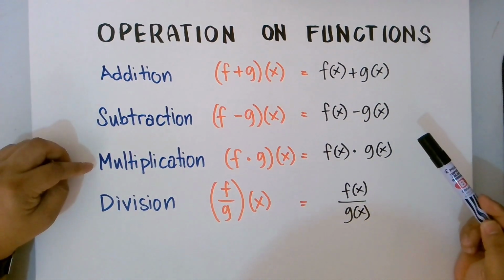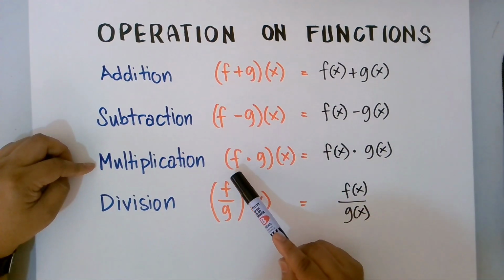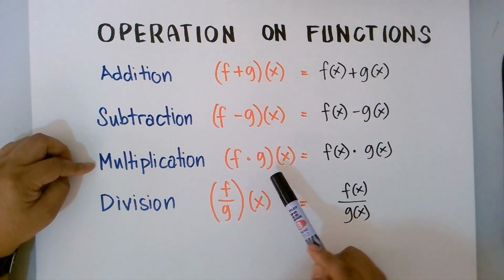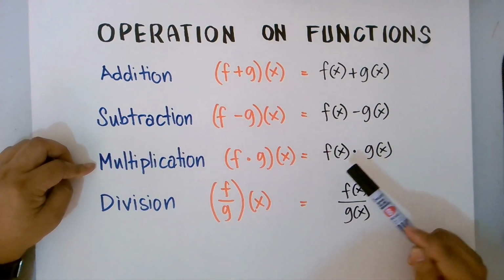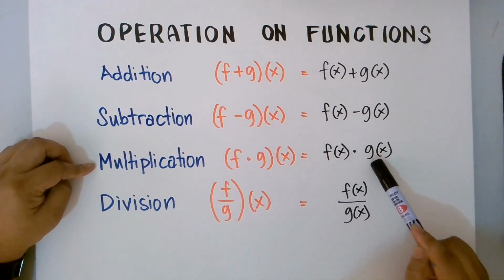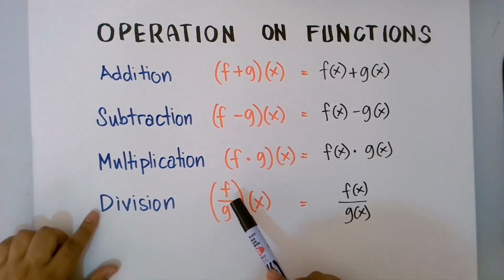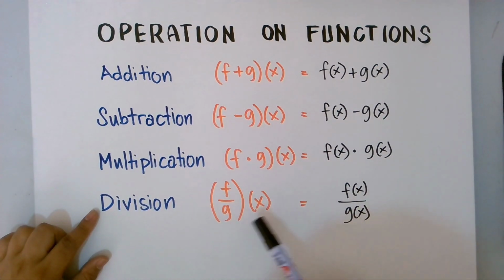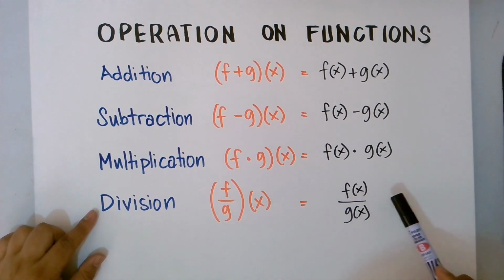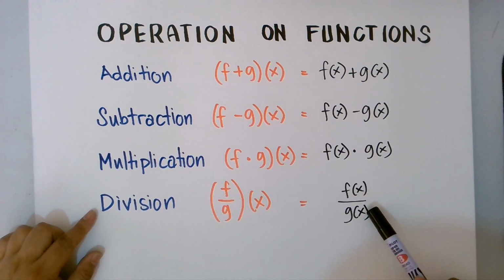And for multiplication, we will multiply the two functions, f times g of x. So it will be equal to f of x times g of x. And for the division, we have f divided by g of x. So it will be equal to f of x over g of x.